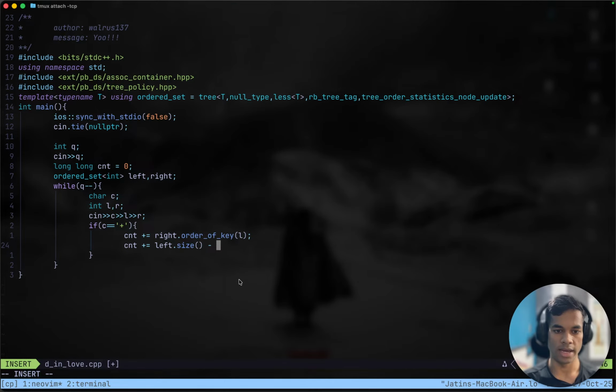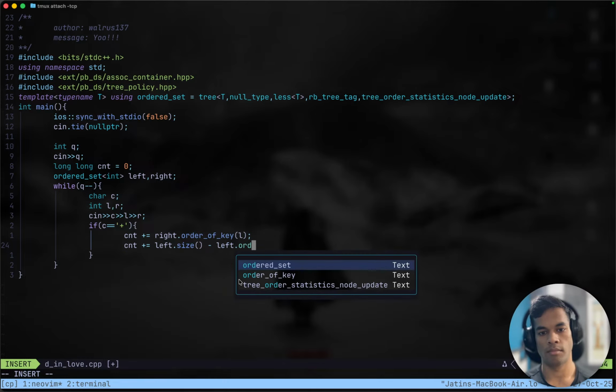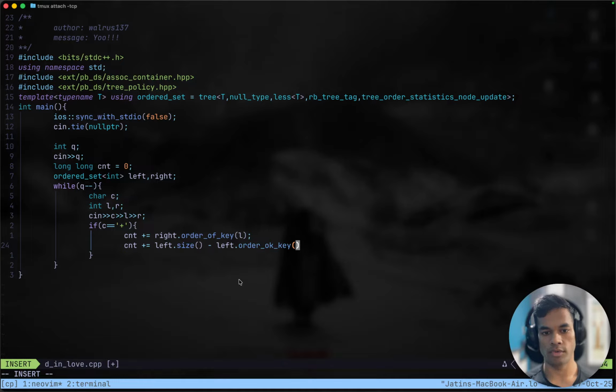Left dot size minus order of key R. So total numbers on the left, minus the count of numbers which are smaller than this right, gives us the count of numbers on the left which are greater than this right.